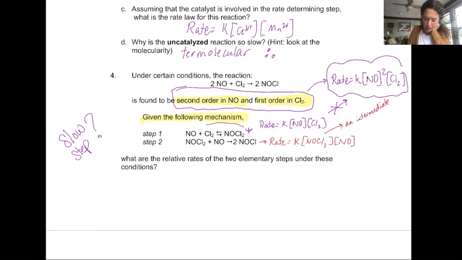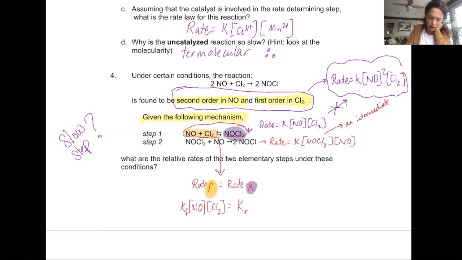So let's do what we said again and do it more quickly. Let's go to our equilibrium step. Remember, rate forward equals rate reverse. In the forward direction, these are my reactants. So kf [NO][Cl2] is equal to the reverse k. Remember, when we go in reverse, that these are the reactants. So that's k reverse [NOCl2].